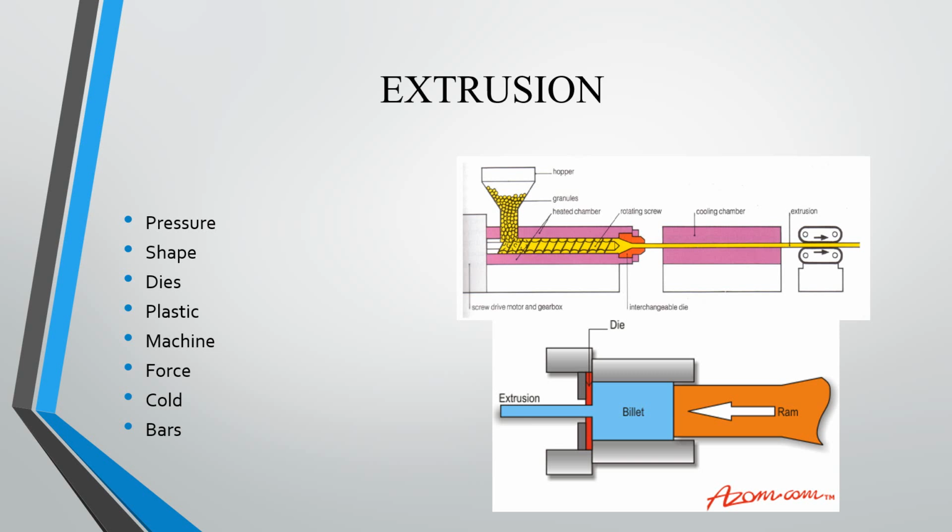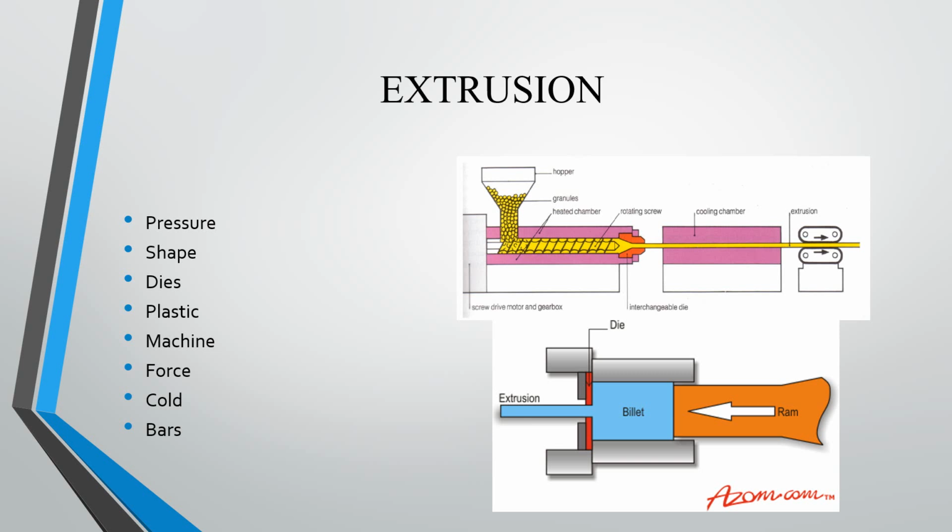The die has that specific shape, and also the die could be heated, because the force that is generated by the machine can make the piece, the bar, or the melted plastic pass through the die.